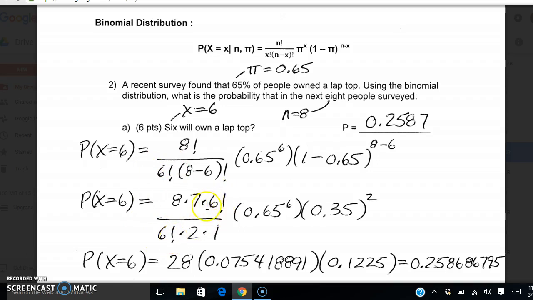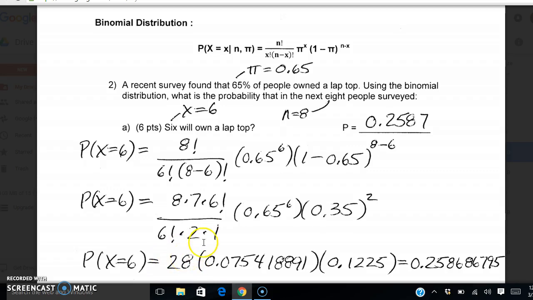The 6 factorial on the top cancels the 6 factorial on the bottom, and they disappear. So I'm left with 8 times 7 on the top, and then here I have 8 minus 6, and that's going to give me 2 factorial, which is 2 times 1, and 56 divided by 2 is going to give me this value of 28 right here.